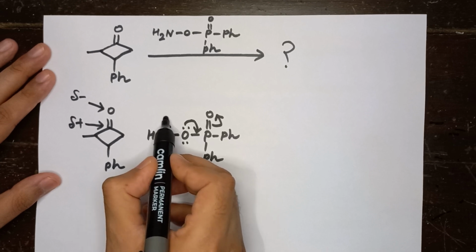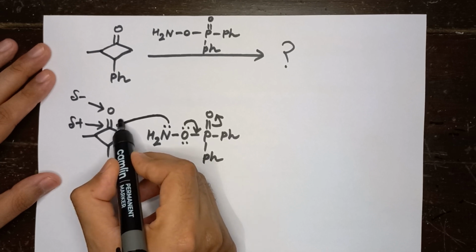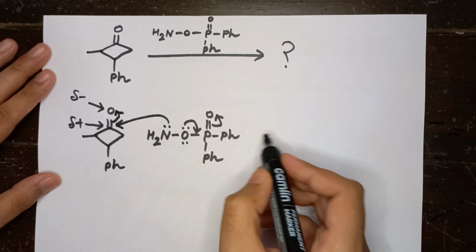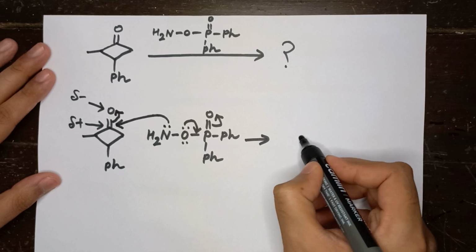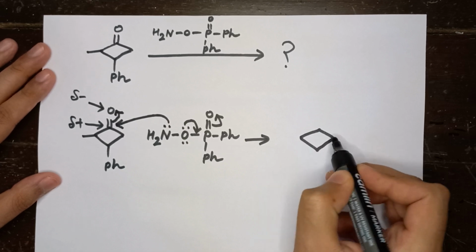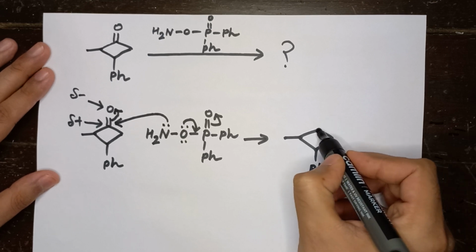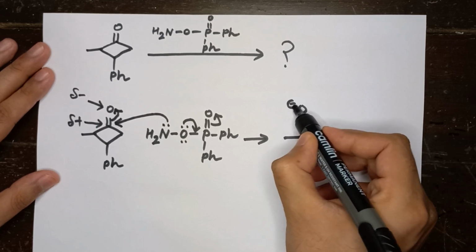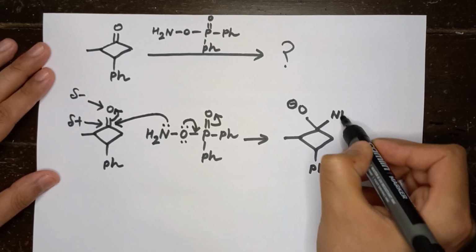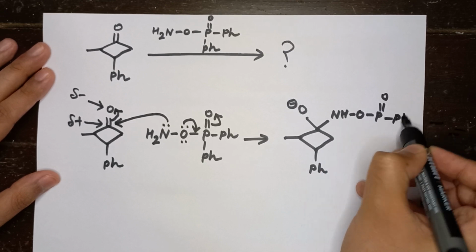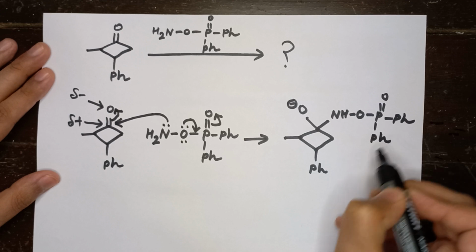So that's why they will attack at this carbonyl carbon, opening up this bond. So this will give me O minus, NH, O, P double bond O, PH and PH.